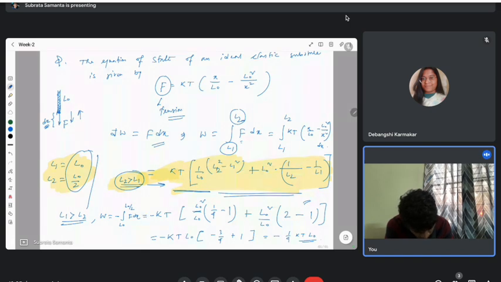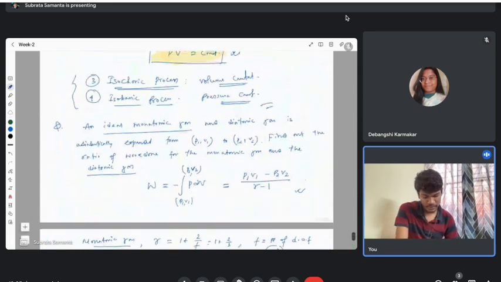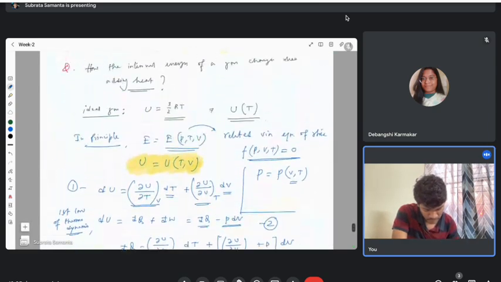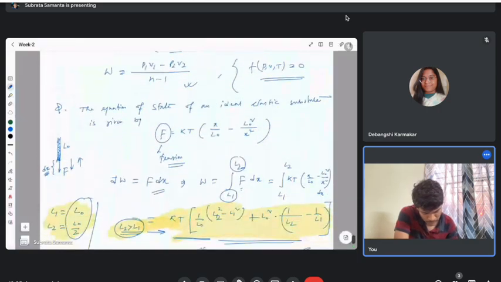It's just a convention: the tension is always in this direction and you are compressing the system. In the same way we can do it for gaseous systems. For gaseous systems, when you compress, V goes to V minus dV, so these are positive, but in this case it's opposite.